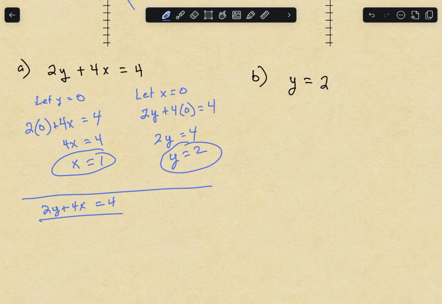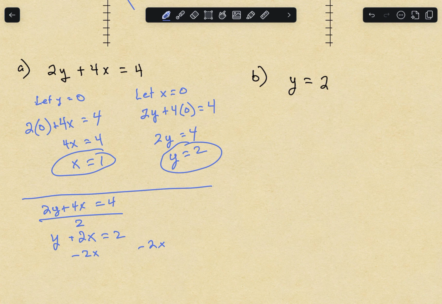And let's see if I'm doing this correctly. Divide the whole thing by 2, and it'll become y plus 2x equals 2. And then you're going to subtract 2x from both sides.